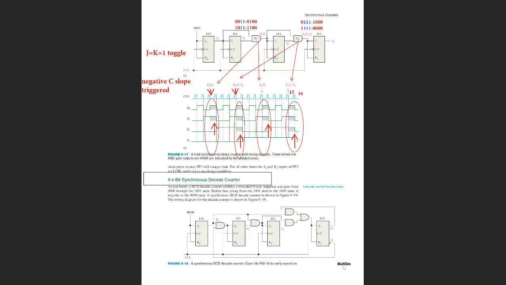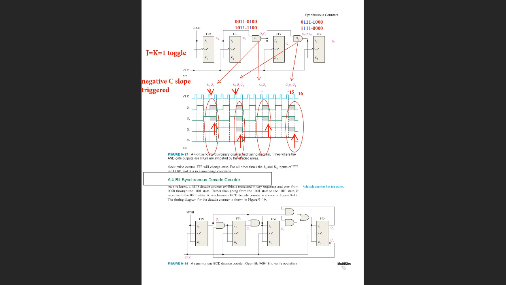Those flip-flops are negative clock slope triggered, and flip-flop 2 is toggling when Q0 and Q1 are 1. Flip-flop FF3 is toggled when Q0, Q1, and Q2, all 3 of them, are 1.